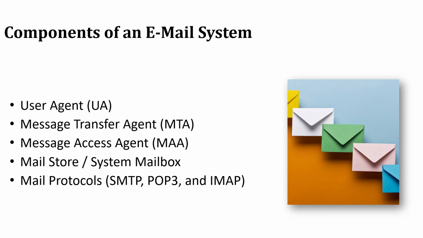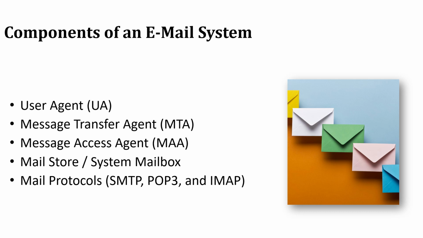An electronic mail system is made up of several key components that work together to ensure reliable and efficient communication over the networks. User agent provides services directly to the user for composing, sending, and receiving messages.